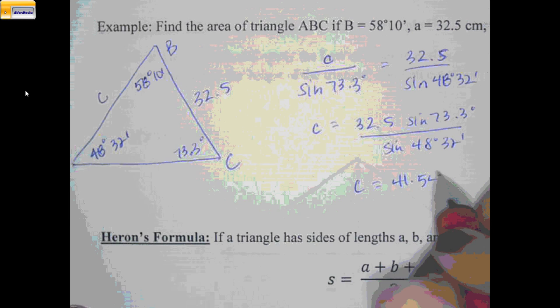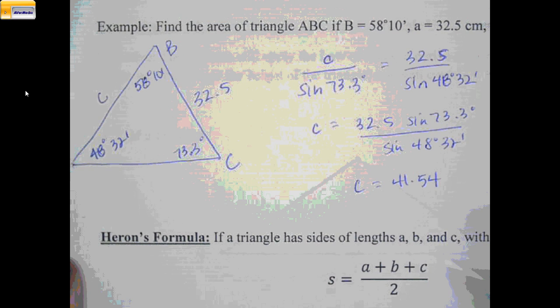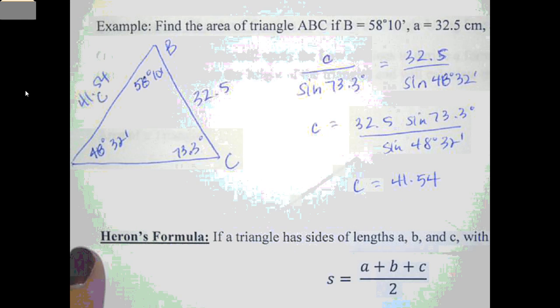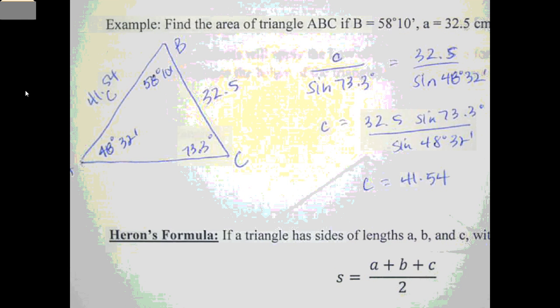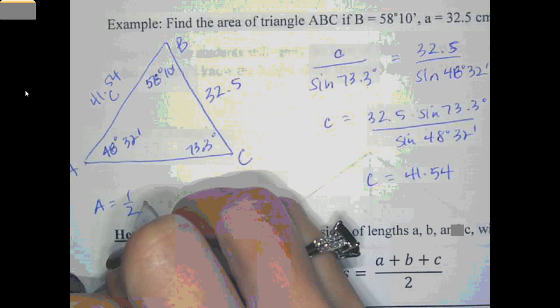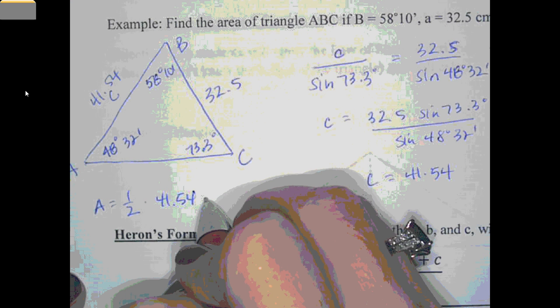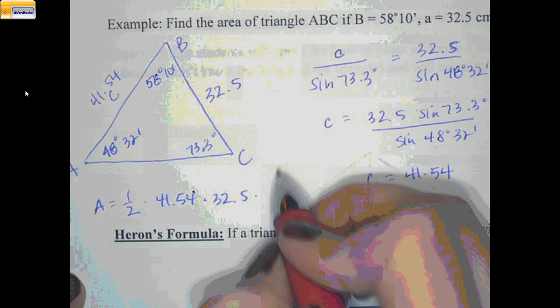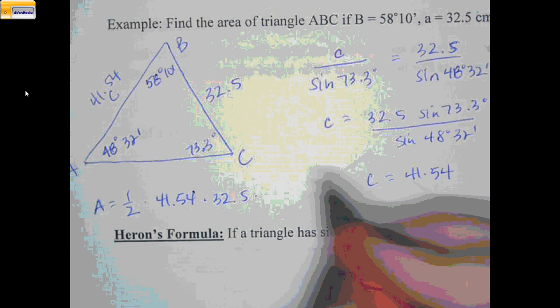No, what are we looking for? Area. Now that I have two sides and an included angle, I can do that. So we use our formula. Area equals 1/2 times the two sides times sine of the included angle.